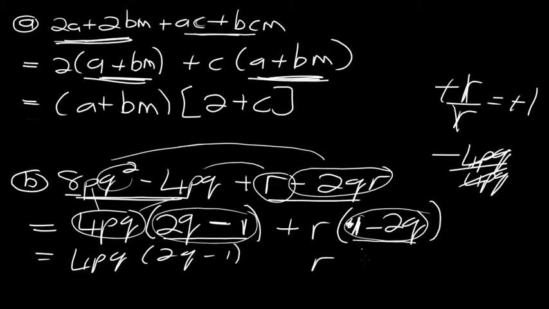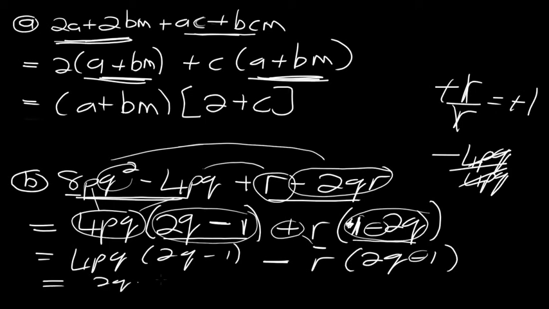But because there was a minus in that bracket, if you change it around, you must take out a minus, and a plus times the minus you've taken out will become a minus. And now you can factorize further, and it's 4pq minus r, and that's the answer.